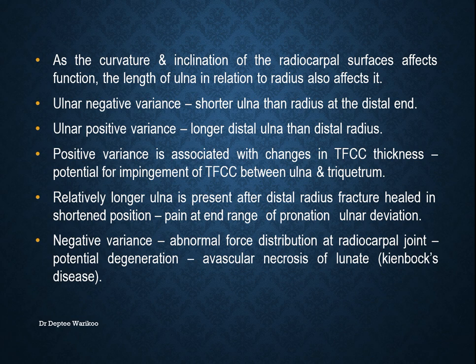First is the ulnar negative variance, another is the ulnar positive variance. Ulnar negative variance is described as a short ulna in comparison with the radius at their distal ends, whereas in ulnar positive variance the distal ulna is longer in relation to the distal radius.